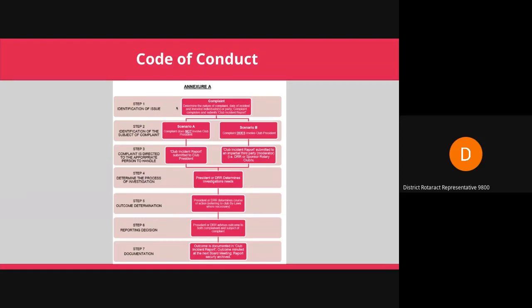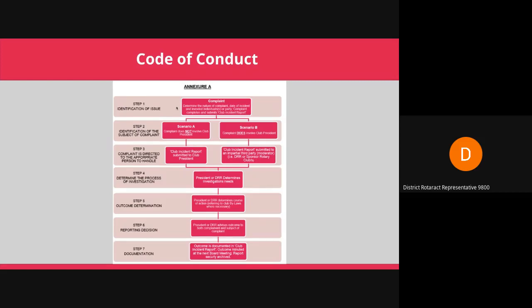which states that you have the complaint. If it's for the president, you need to fill out a club incident report that gets given to the president. And if you have a complaint against the president, then it goes to the district Rotaract representative or the sponsoring Rotary Club as well.